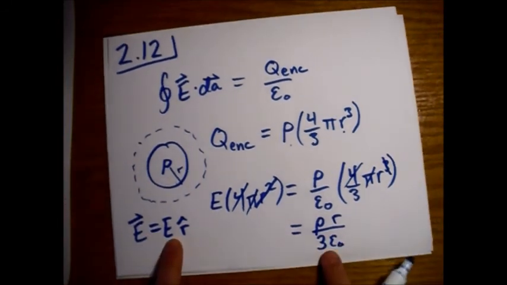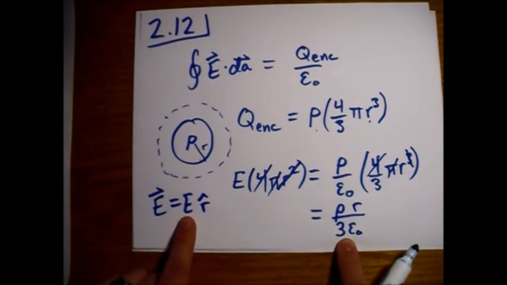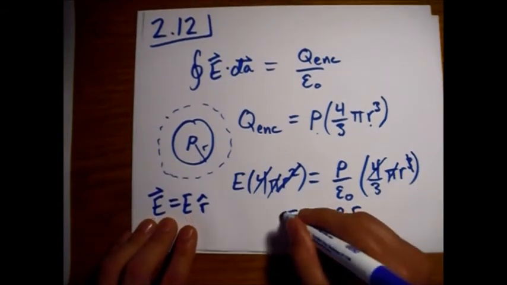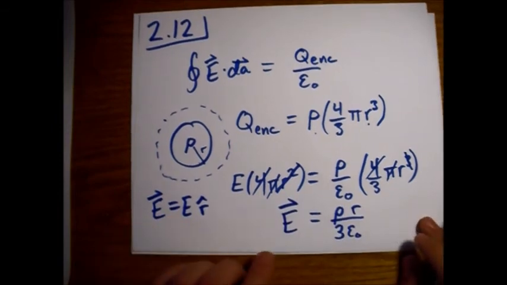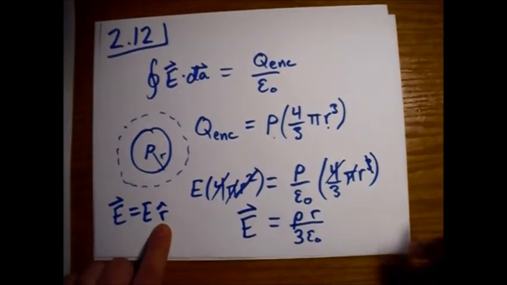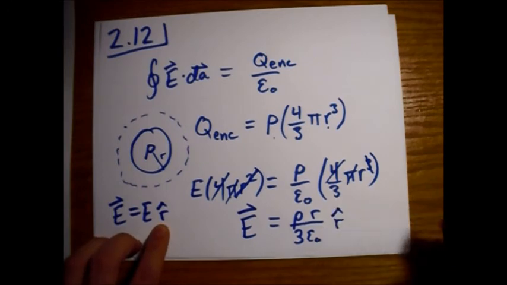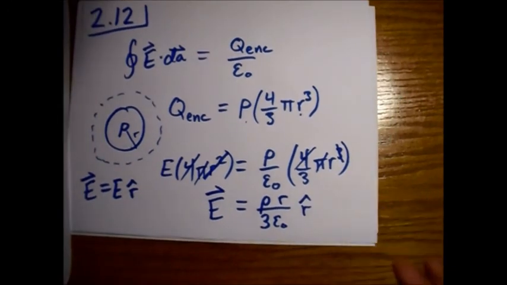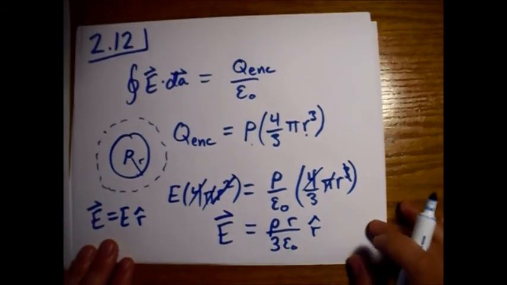So now that we have this E, we know that in order to get the vector electric field, all we do is tack on the r hat. So a radial electric field, and then this is the magnitude of it.